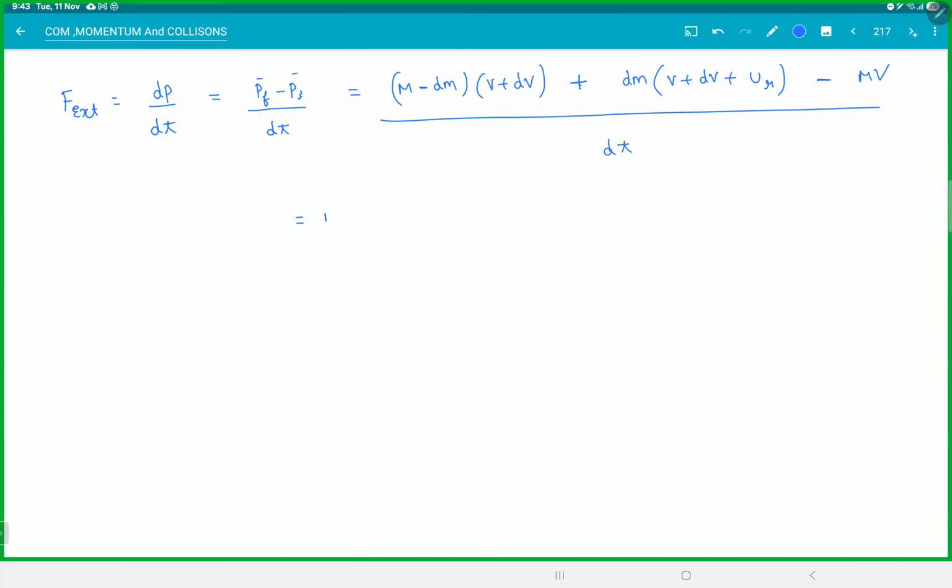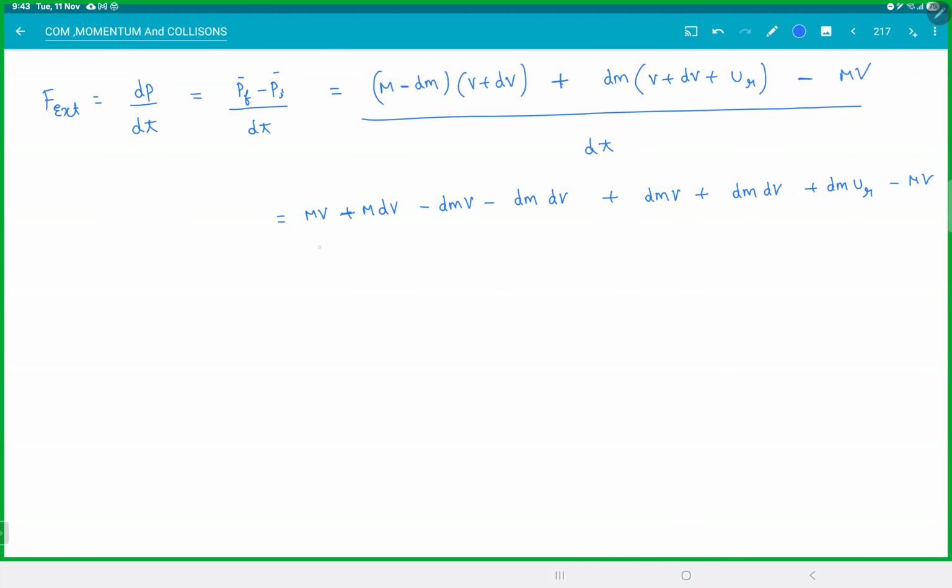When you expand this whole thing, we'll get mv minus m dv, dmv, minus mv. You know, today it is a lot of terms.